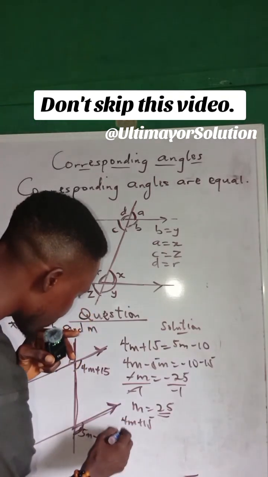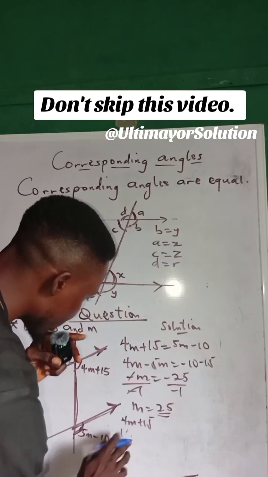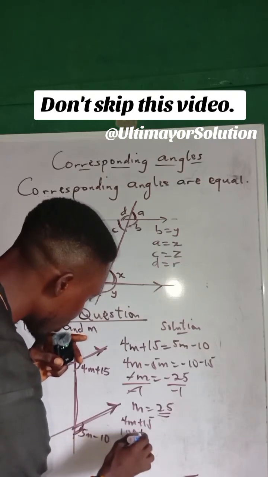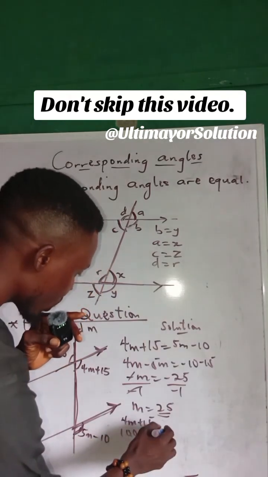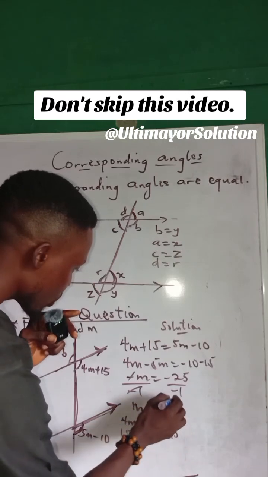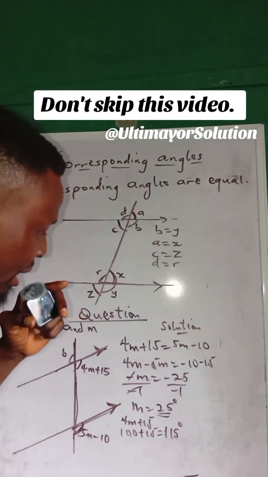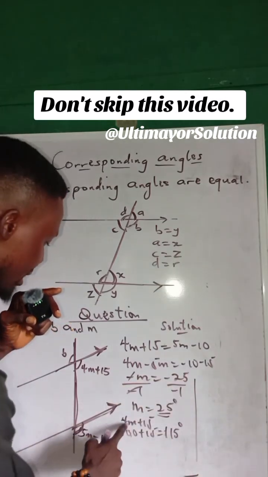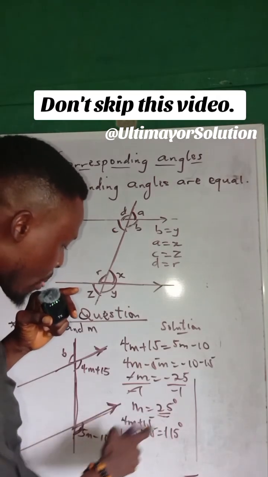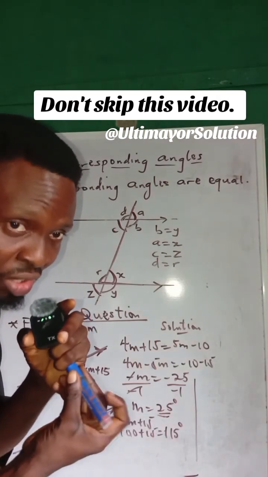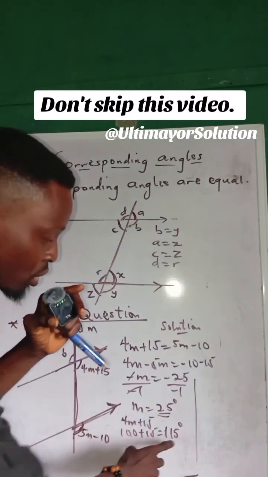So 100 plus 15 will give us 115 degrees. So let me put degrees here. So we get this angle as 115, because 4 times 25 gives us 100. Do you understand? So 100 plus 15 gives us 115.